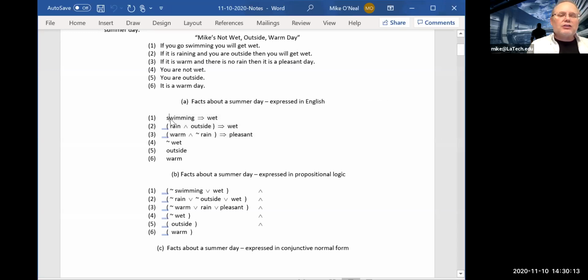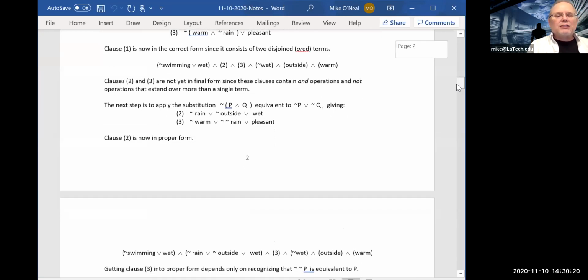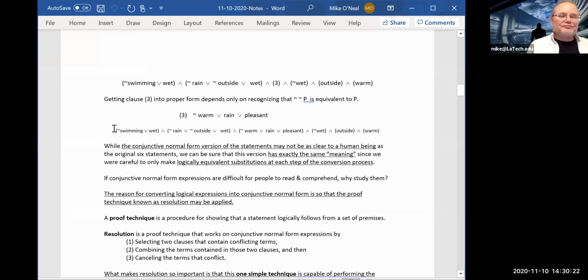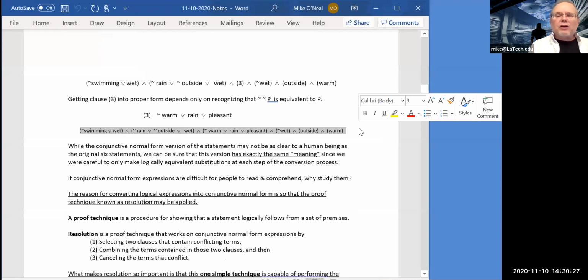It's still close enough to English here that you can easily follow the story and see what's being said. But by the time you get to something like this, I don't have a clue as to what this thing means. It's so far away from the English now that it just looks like gobbledygook. Now, I know that it's got to be logically correct because I followed the rules of logic. I used valid substitutions that we had talked about last lecture. So I didn't do anything wrong.